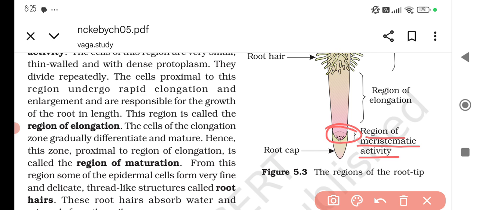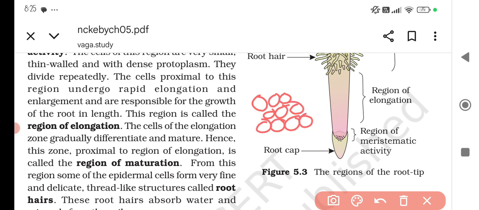What are the meristematic cells? They are thin walled cells. They have a thin wall and dense protoplasm or cytoplasm, and they divide repeatedly. They are very small. See, meristematic cells are like these. They are very small, they have a thin wall, and they have dense protoplasm.